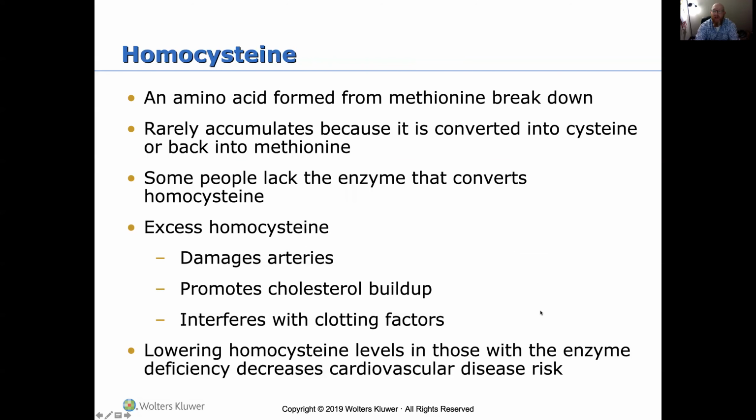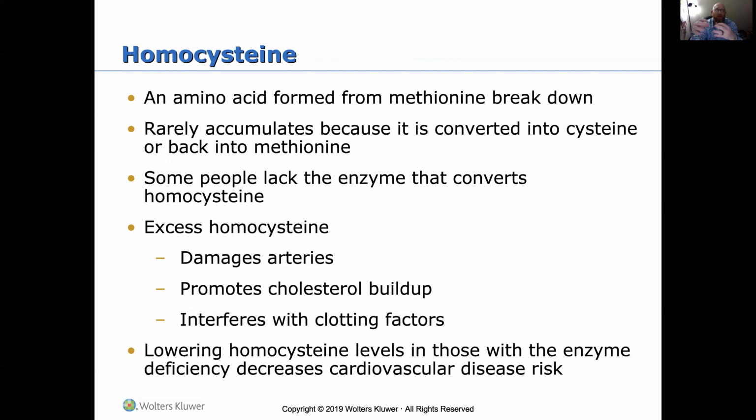Homocysteine, that's an amino acid that's formed from the breakdown of methionine. It doesn't really accumulate much because it's converted into cysteine or back into methionine. Some people don't have the enzyme that converts this. The problem with homocysteine, and this is what you need to know, is that homocysteine can damage arteries. It promotes cholesterol buildup, partially because when it damages the arteries, basically what it does is make little barbs on the inside of your arteries.